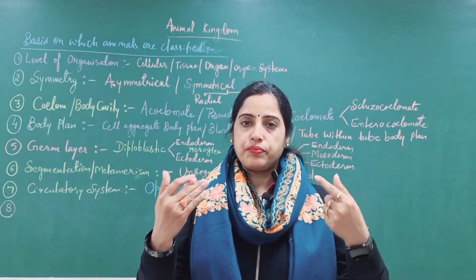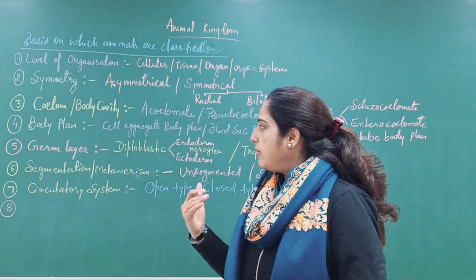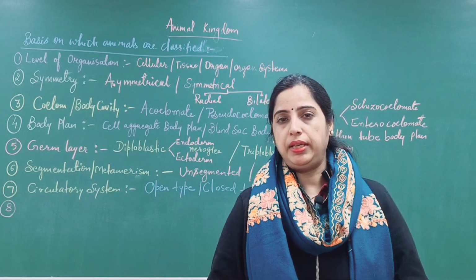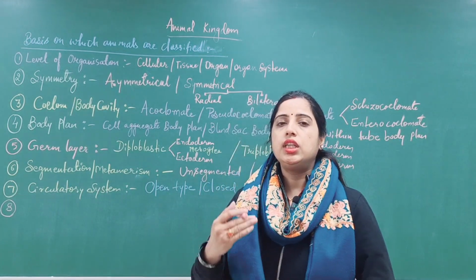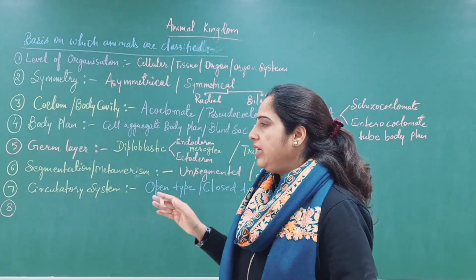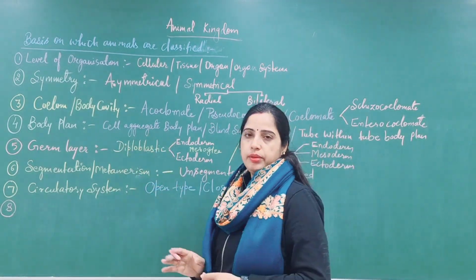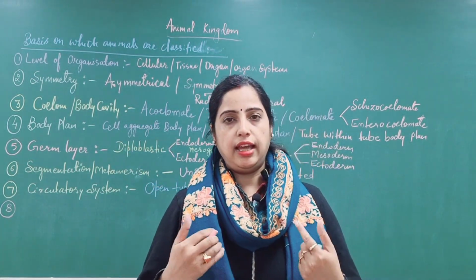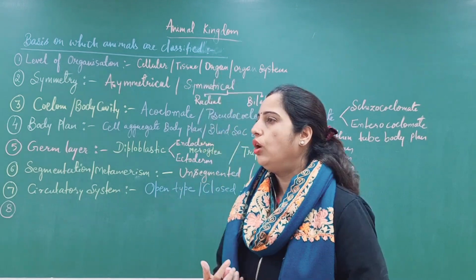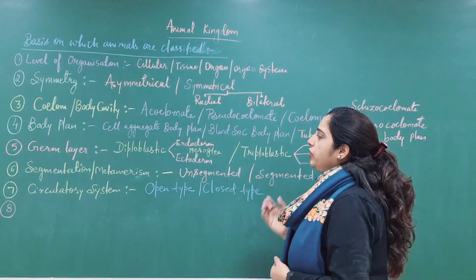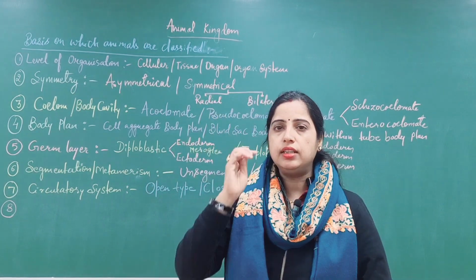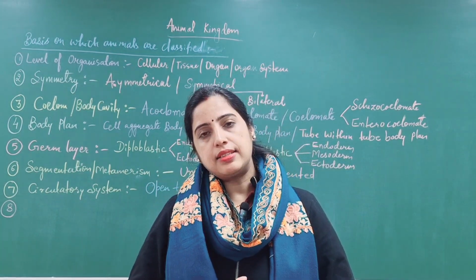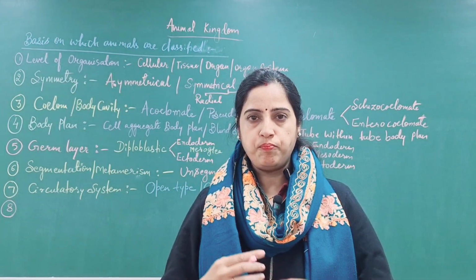Some are pseudocoelomate, some are true coelomate, and the body plan is one of the bases, where the organism can have a cell aggregate body plan, or a blind sac body plan, or a tube within a tube body plan. Then we have got germ layer. It can be diploblastic or triploblastic.